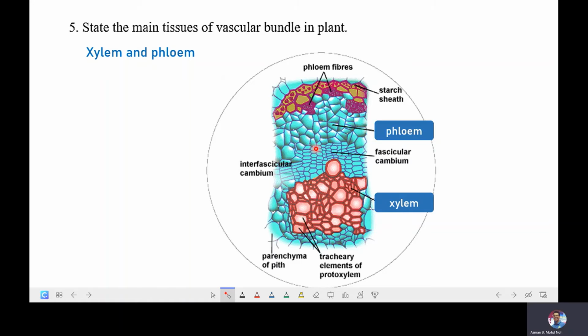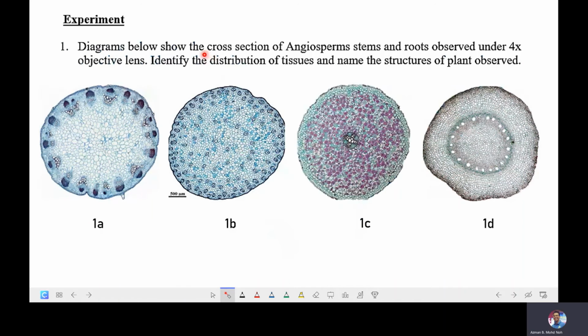And now let's go to the experiment part of your pre-lab module, in which you will find these 4 diagrams. Try to identify whether this will be the roots or the stem, whether this will be the diagram for the monocot plant or the dicot plant.